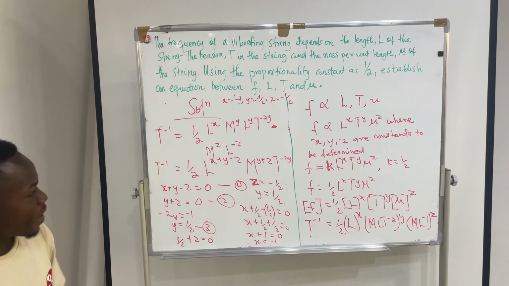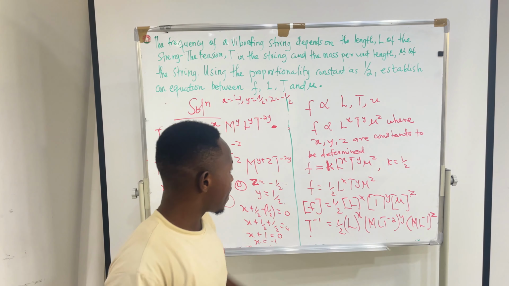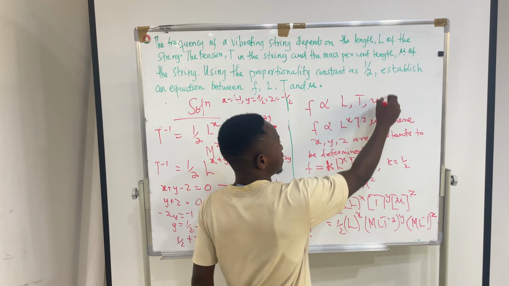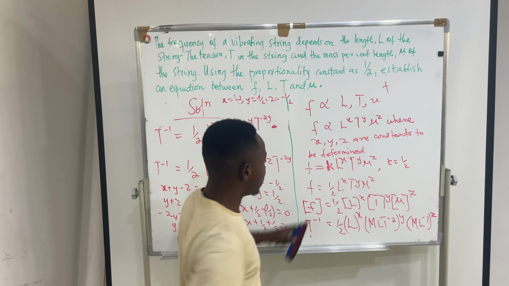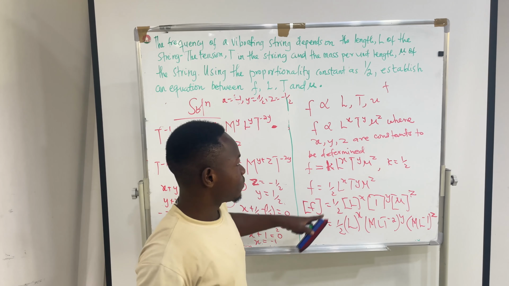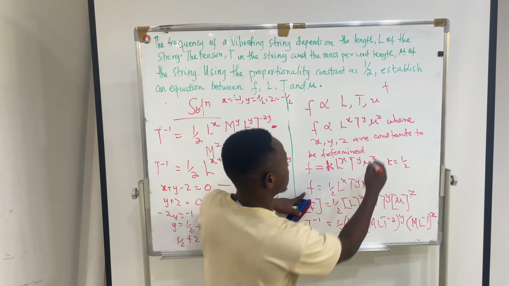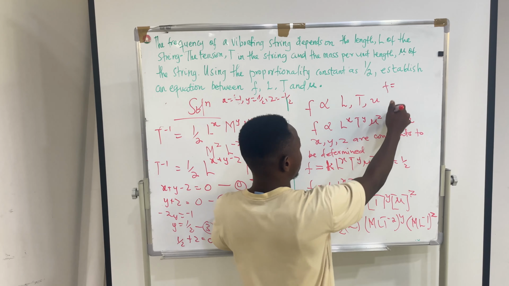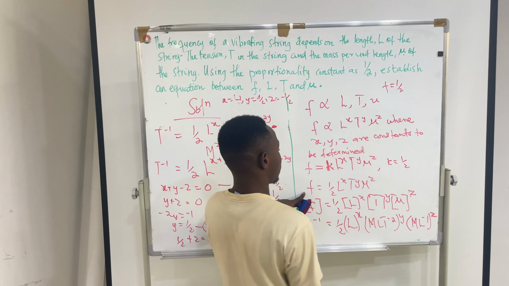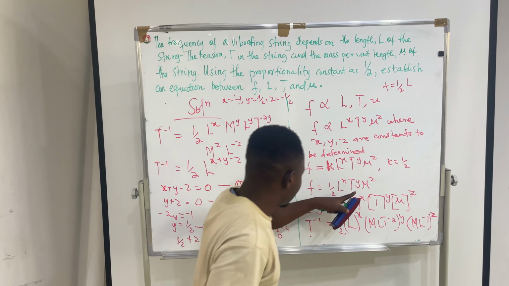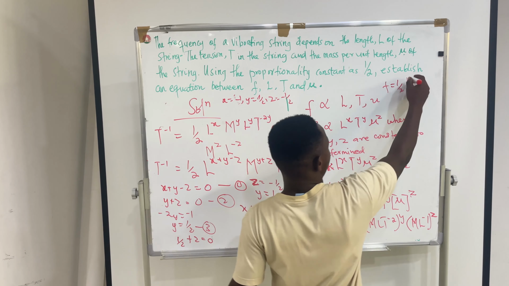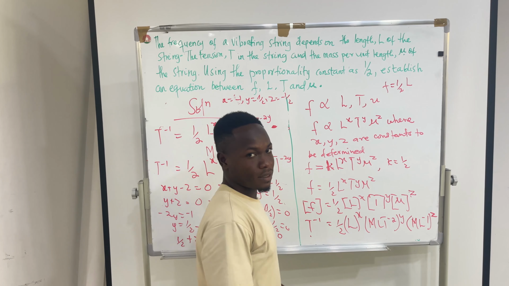So I can come back to my equation here and substitute the values of x, y, z, and even k. I know k to be half, so I can write this equation as f being equal to half L to the power x. My x is 1, so I can choose not to write it.